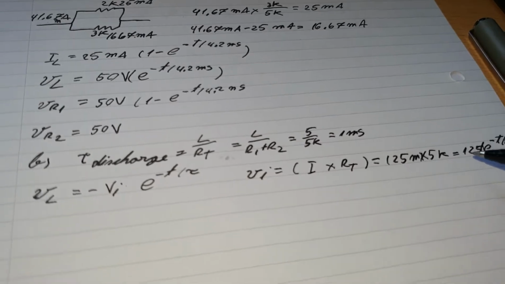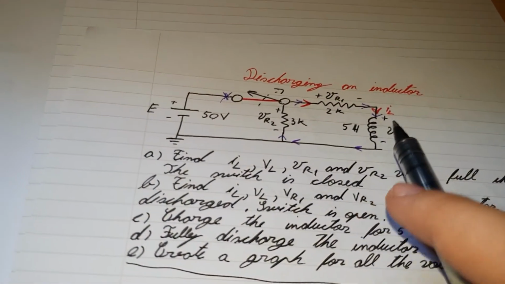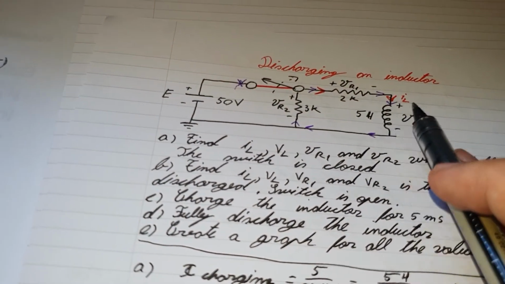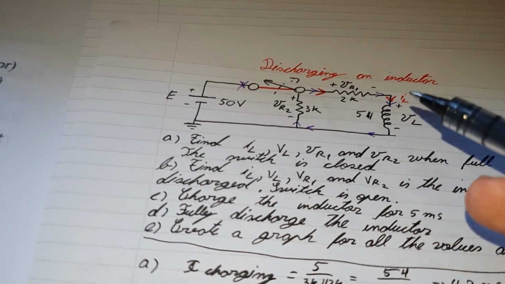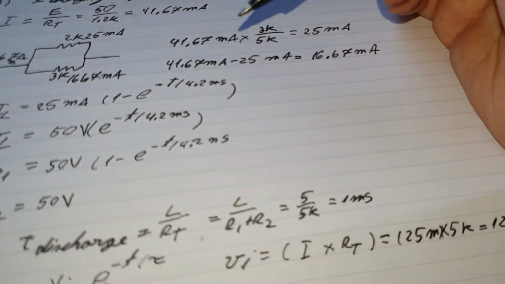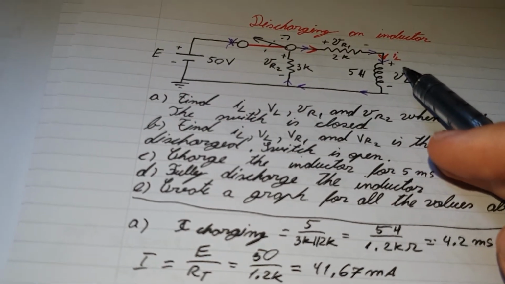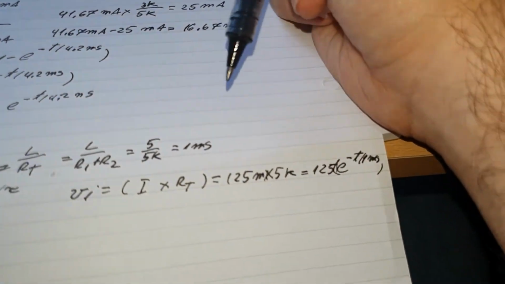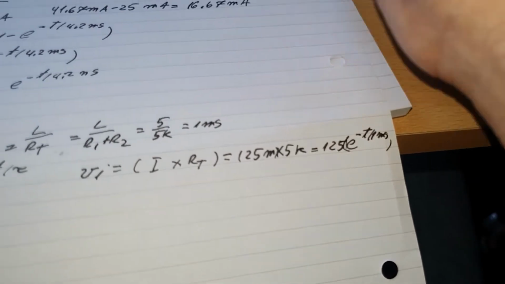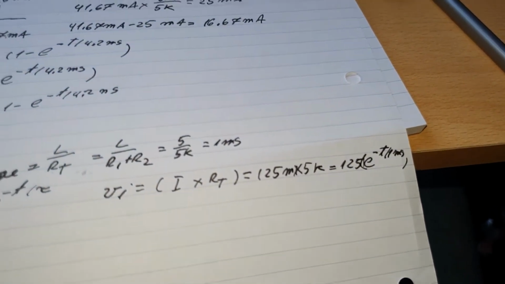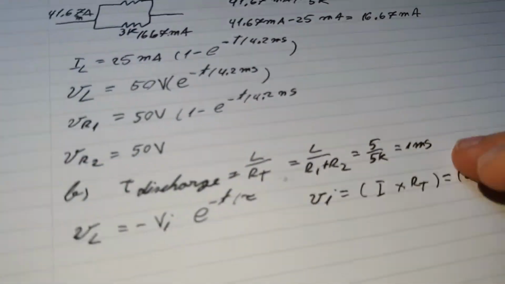So that's how you convert the current inside the inductor into the voltage it starts with. Of course, over time the voltage will lower, but it starts with the maximum value of 125 volts inside of it. Okay, so that was pretty simple.